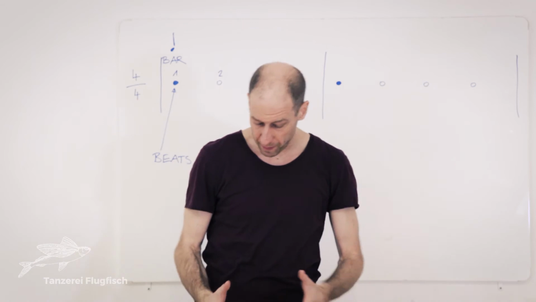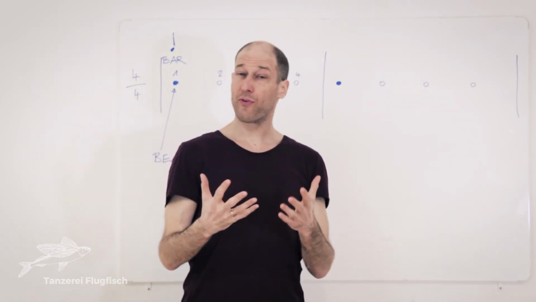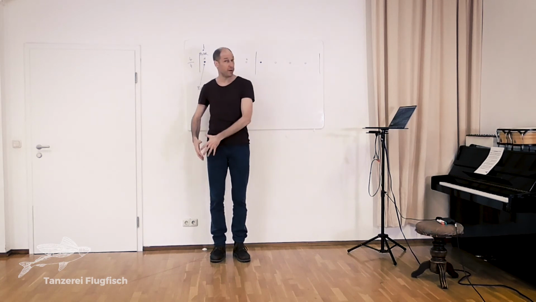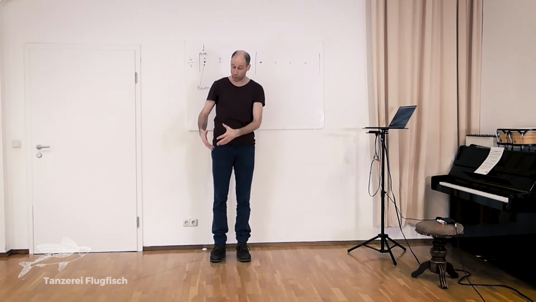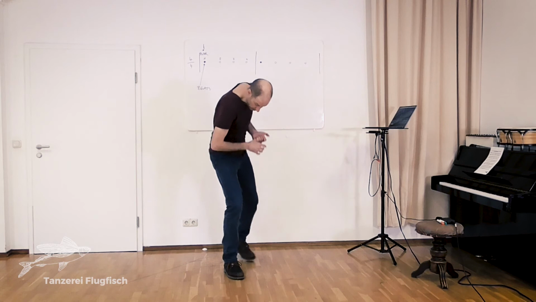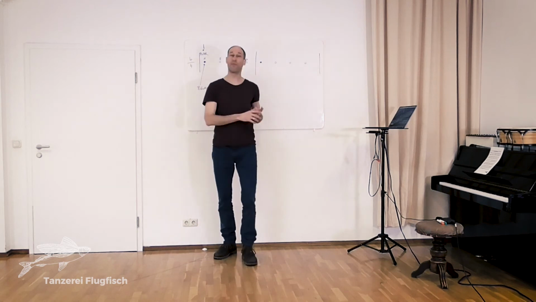1, 2, 3, 4. In 4/4 time, if I always step from one foot to the other, and I start with my right foot, the 1 will always come out on that right foot. I will go like 1, 2, 3, 4.